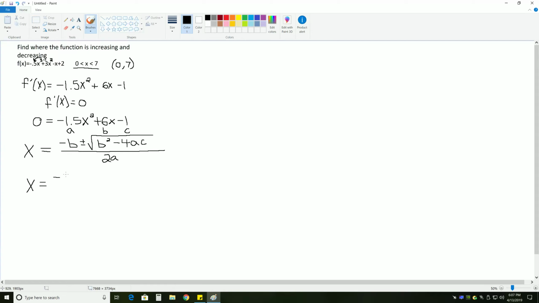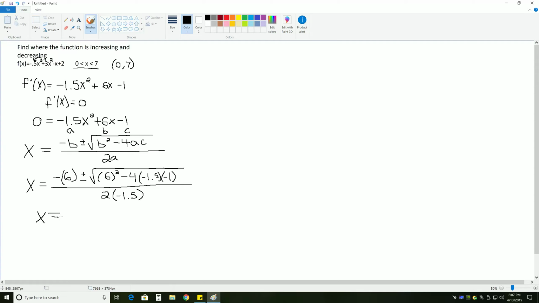So we have negative 6 for b, plus or minus the square root of b squared is again just 6 squared, minus 4 times a is negative 1.5, times c is negative 1, all over 2 times a is negative 1.5.